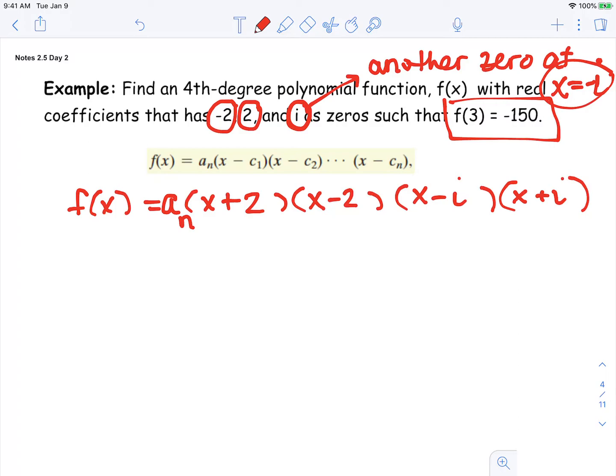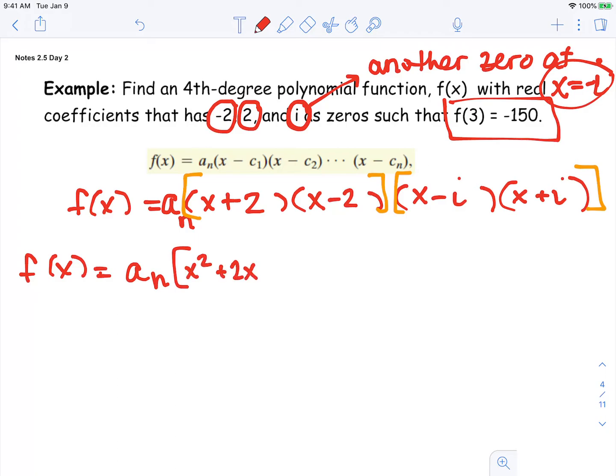So now we're going to multiply these binomials together. And how we do that is by the FOIL method. So first, outside, there should be a minus there. Inside, and last.